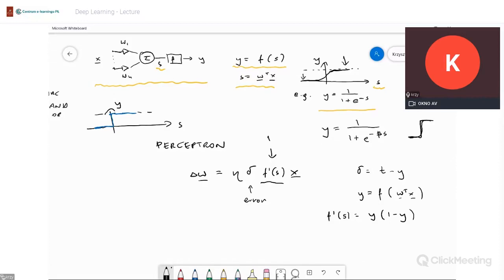And I am just mentioning this perceptron, not because it is used right now. It is not used, or it is used very rarely. Historically, the first model of a neuron was a neuron with this step nonlinearity, not a logistic nonlinearity.